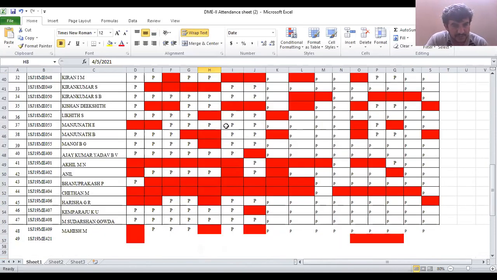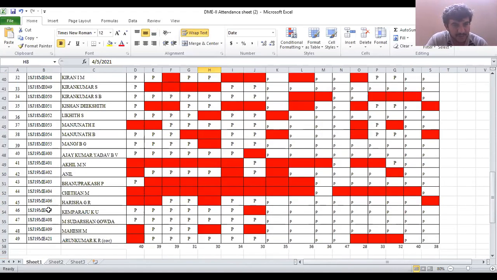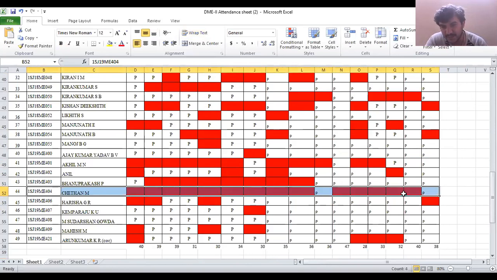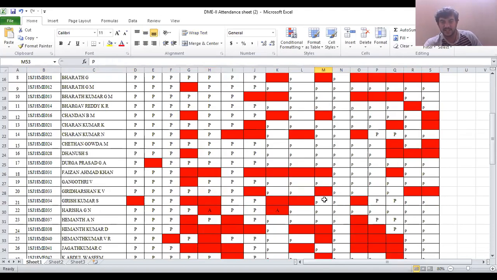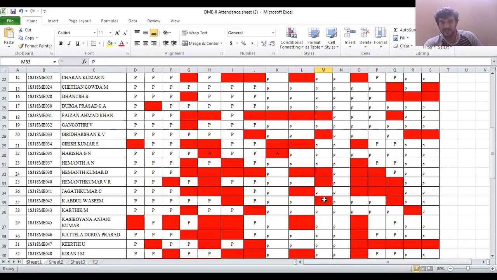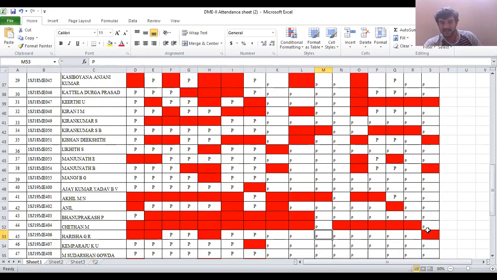So Chetan, 19 batch 404. See this, the red color shows you are absent. P stands for present. So only on the 14th you are present, and yesterday's class you are present.